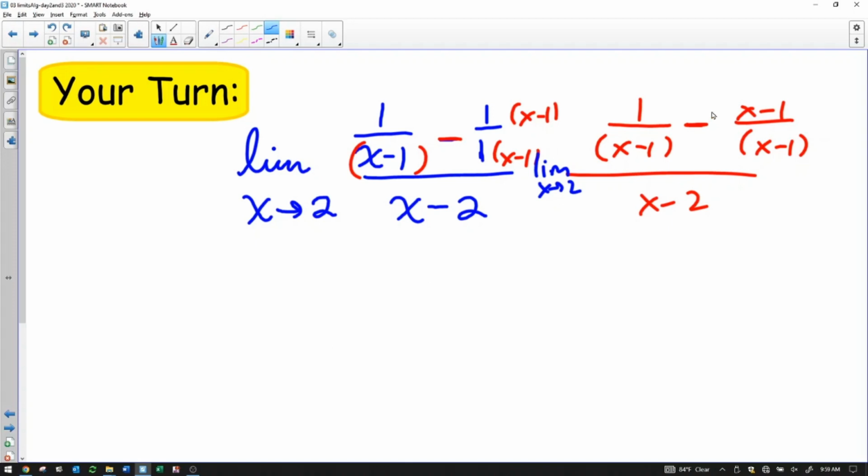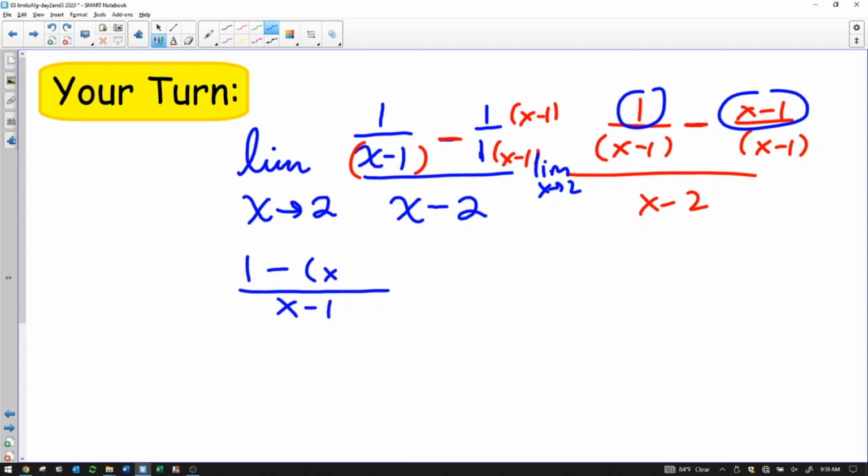All right. Then, because I have a common denominator, I can combine this into one fraction. That's how adding and subtracting fractions work. So I have an x minus 1, that's the common denominator. Then I have this minus this. So I have 1 minus, and make sure you understand, this is a family.